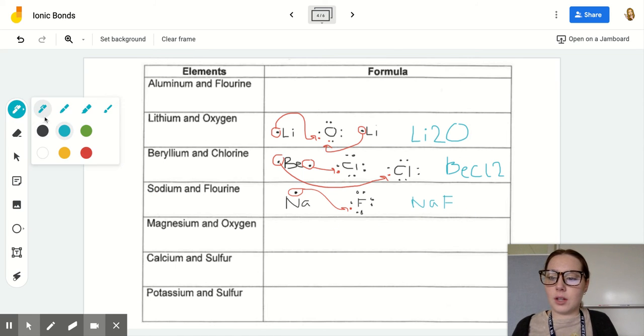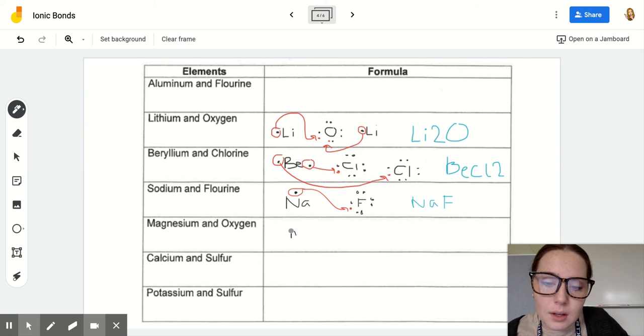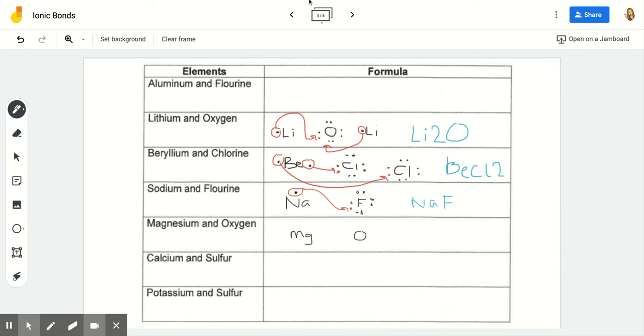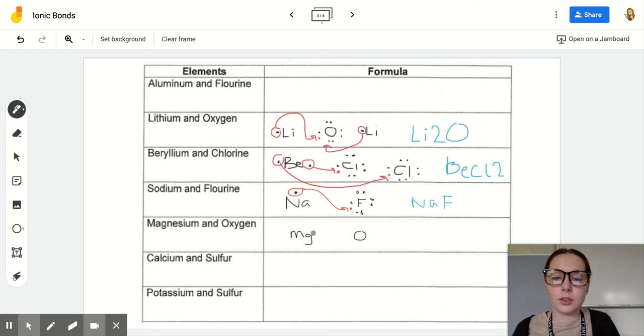All right, if we take a look at magnesium and oxygen. So magnesium's element is Mg, and then oxygen is O. So we're first going to start with those valence electrons. Magnesium, I'm going to pull up my periodic table, and I see it's in the second column. So it has 2 valence electrons.